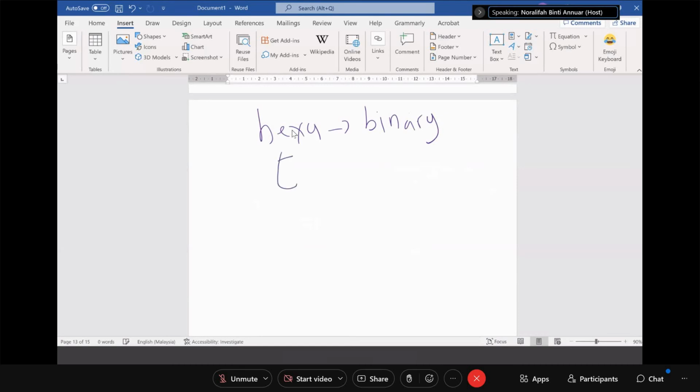Berapa value E tadi guys? Selalunya bila you nak tukar hexa to binary, you must know the value in decimal first. Okay, E tadi dalam decimal berapa? What is the 14? Patrick, so 14. So you nak sekarang ni jawapan nak by binary. Ini is decimal. So change this to binary.